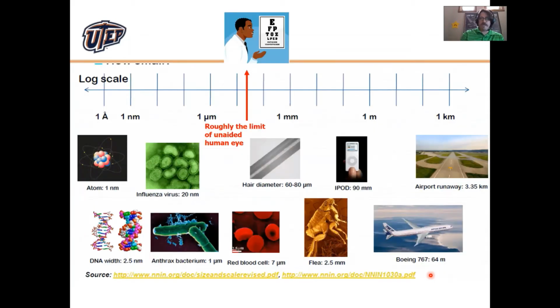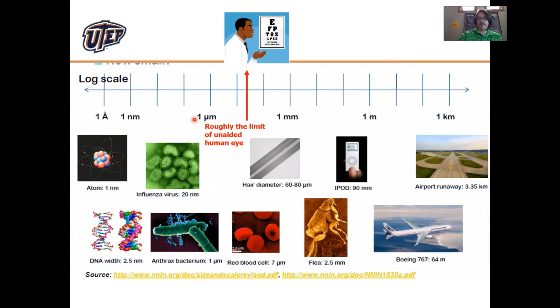It's roughly between 1 micron and 1 millimeter, so I'm punting a little bit. I would say 250 to 500 microns is roughly the limit of the unaided eye. One thing to point out, this region here, between the millimeter and the micron, is sometimes called the mesoscale.